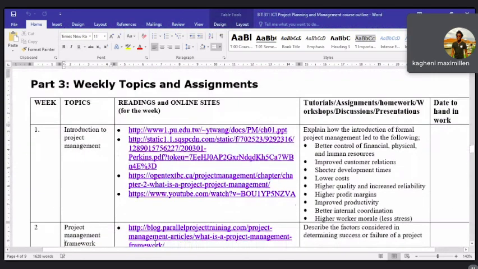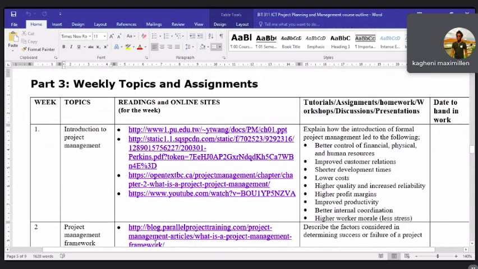So we shall have the following topics, and I've also provided links to those topics. Just read through them briefly.